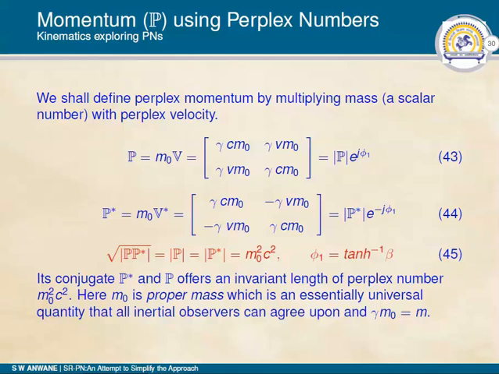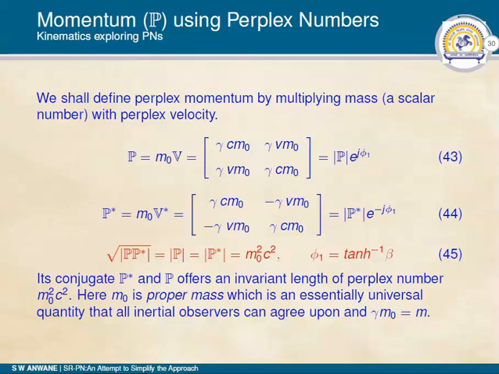This quantity, (m0 c) whole squared, is Lorentz invariant because by definition m0 is proper mass, identical for all inertial observers, and c is also identical for all inertial observers, being the valid second postulate of Einstein's special theory of relativity. And if you work out the involved angle phi1, it is tanh inverse of y component upon x component, which turns out to be simply beta.